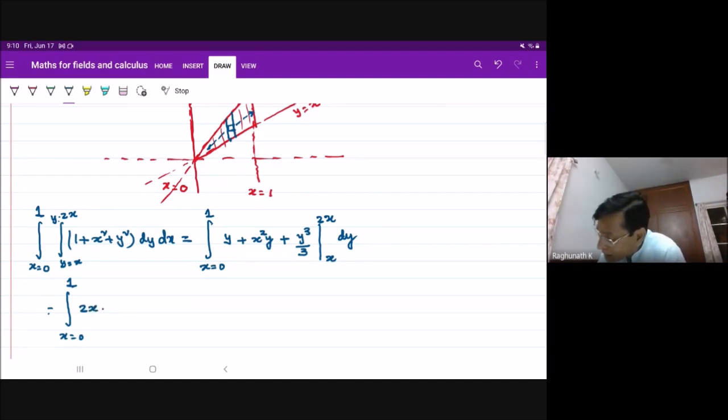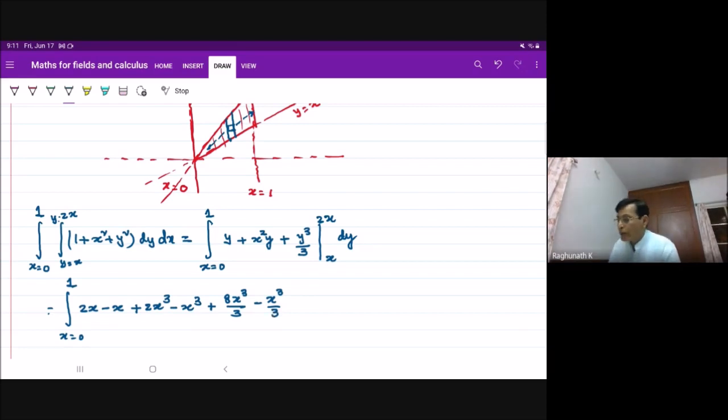minus x plus x squared into 2x is 2x cubed minus x cubed. For each term, I'm putting both the limits, plus 8x cubed by 3 minus x cubed by 3.